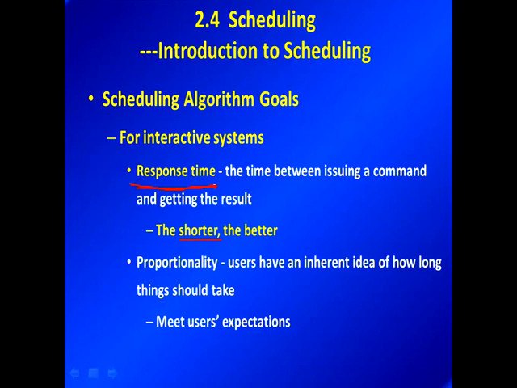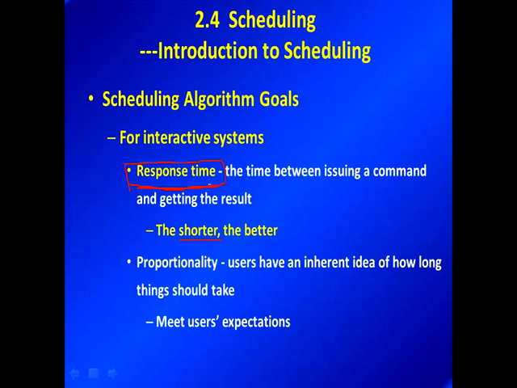So the users have their own expectations on the general response time relevant to different kinds of actions. So when the scheduling algorithm runs in the CPU, it needs to meet those expectations, right? Anyway, you can see the response time is very important for interactive systems.